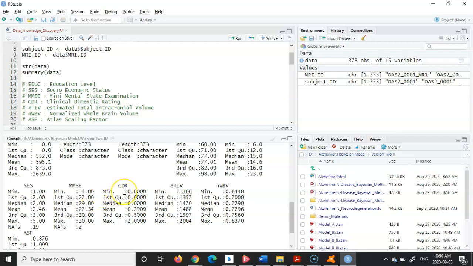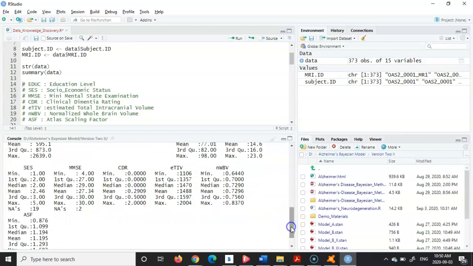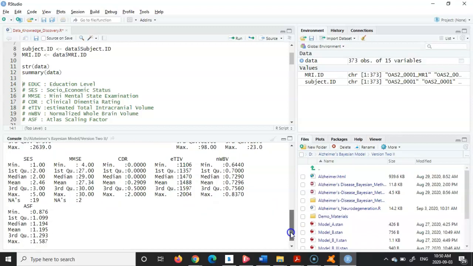Also we have the CDR, the Clinical Dementia Rating, and also eTIV, and also the normalized whole brain volume, which ranges from 0.64 to 0.83. They are normalized, and that's why you see that they are less than 1, and that's the thing that we're going to use for our model analysis.